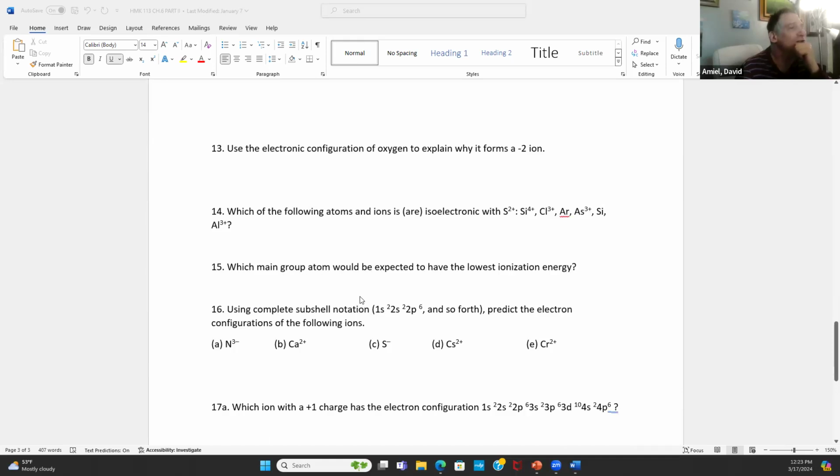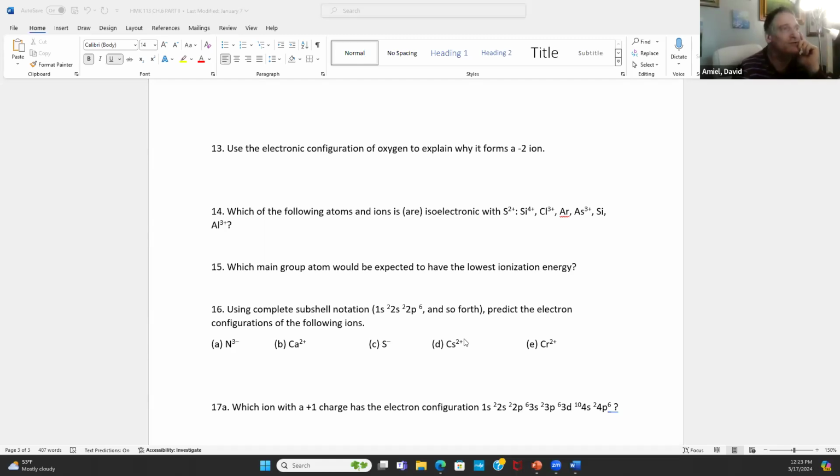16, use subshell notation. For now these are ions. So make sure that you remember, we did that one out on DocuChem, but remember to subtract or add electrons at the end. First, you would do the regular atom and then look at the charge and dump in whatever the charge is.